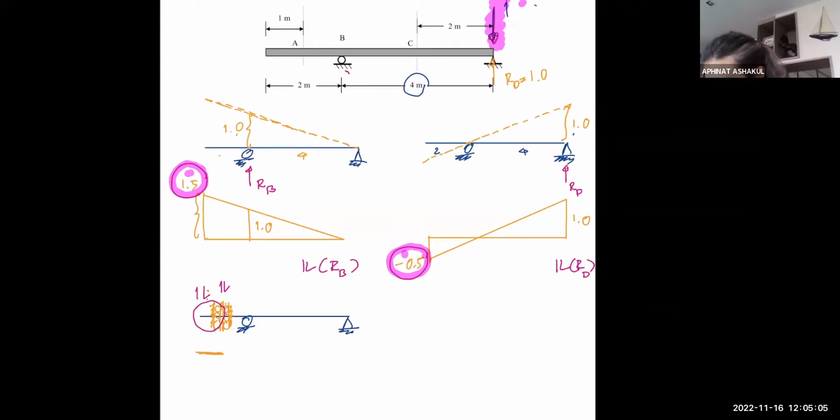Let me try to draw this. But on the left, you have this and that. On the left, I mean on the right, I'm sorry. On the right, your shear on the right piece, this one, the positive shear is up and down like this. So you have this guy going up.